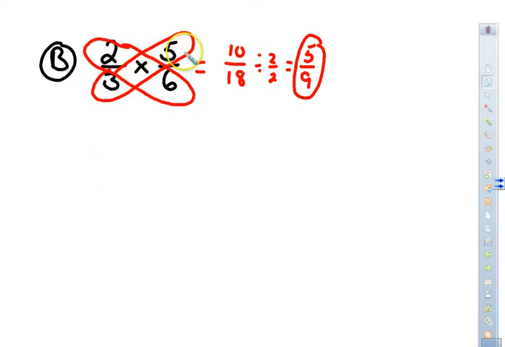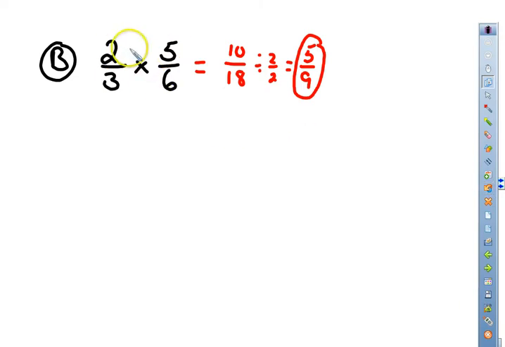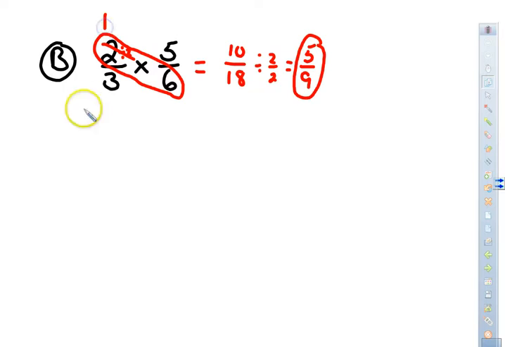And 3 and 5, those could not be reduced. But my 2 and my 6, these right here, do have the capabilities of being reduced. They're both even numbers. So if we were to take 2 and divide it by 2, we can cross that out, and that becomes a 1.